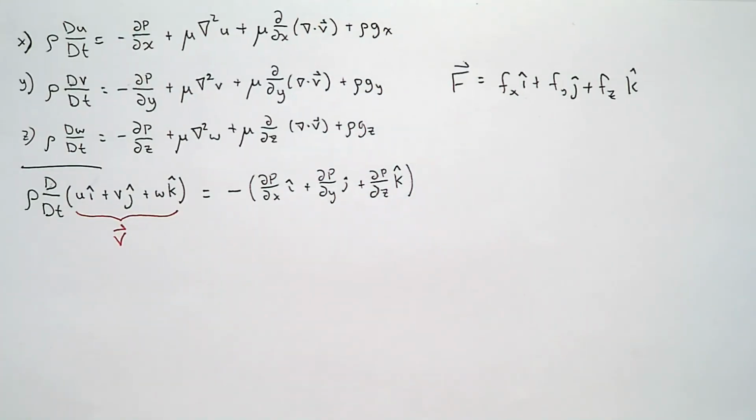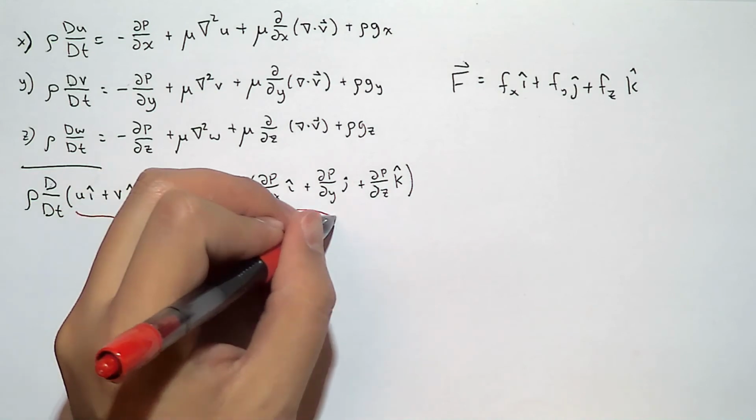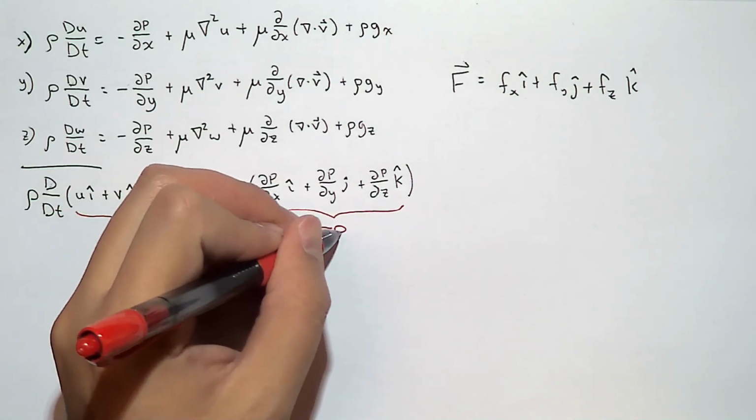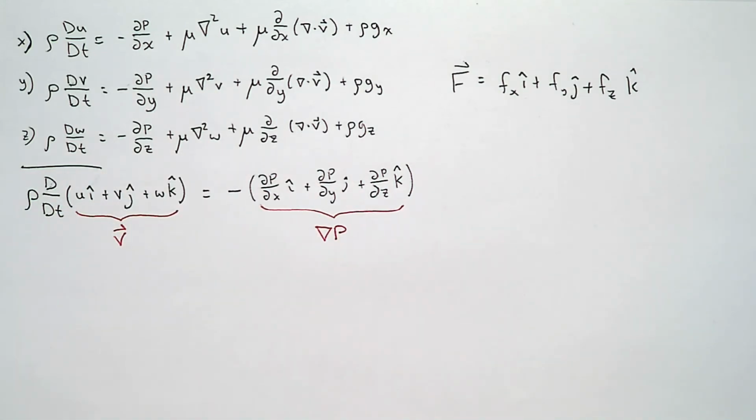So where have we seen this before? Close, close. It's an operator. Not the divergence, right? Divergence is del dot something, and that's a scalar. But what operator gives us a vector? The del operator, right? Notice that this is actually just the gradient of the pressure, or the pressure gradient.